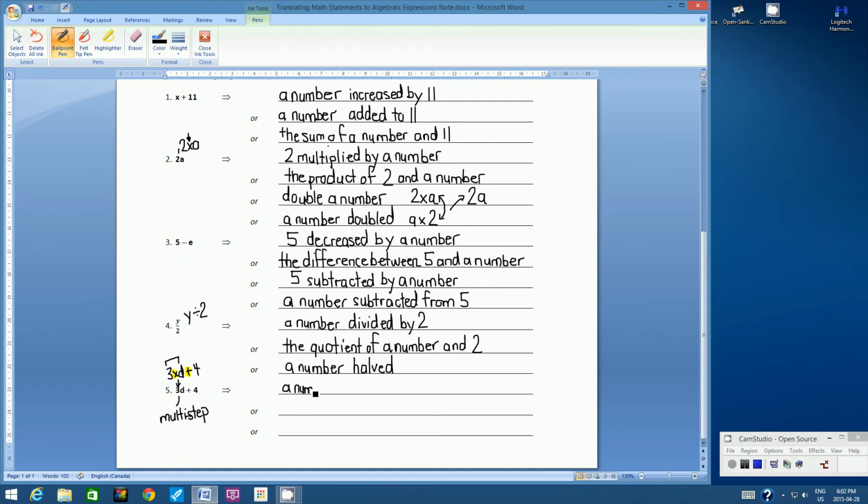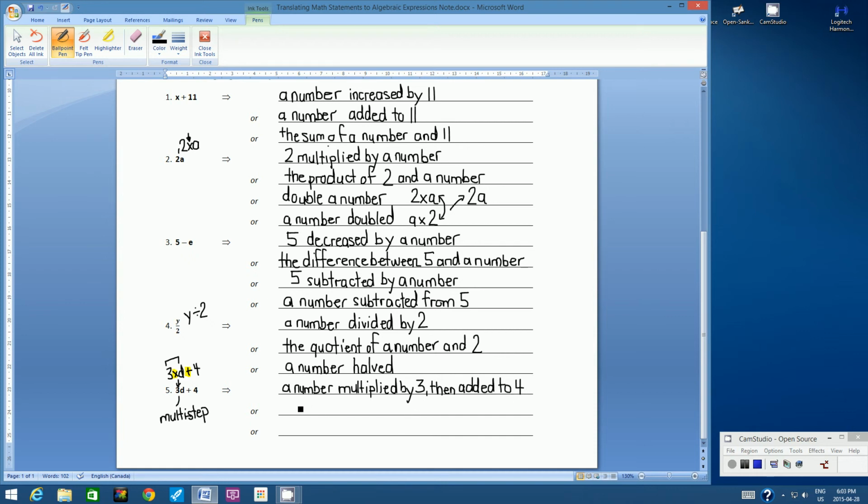A number multiplied by what? 3. Then, that's a comma, then what? Added to, and what are we adding it to? Adding it to 4. Okay? A number multiplied by 3, then added to 4.